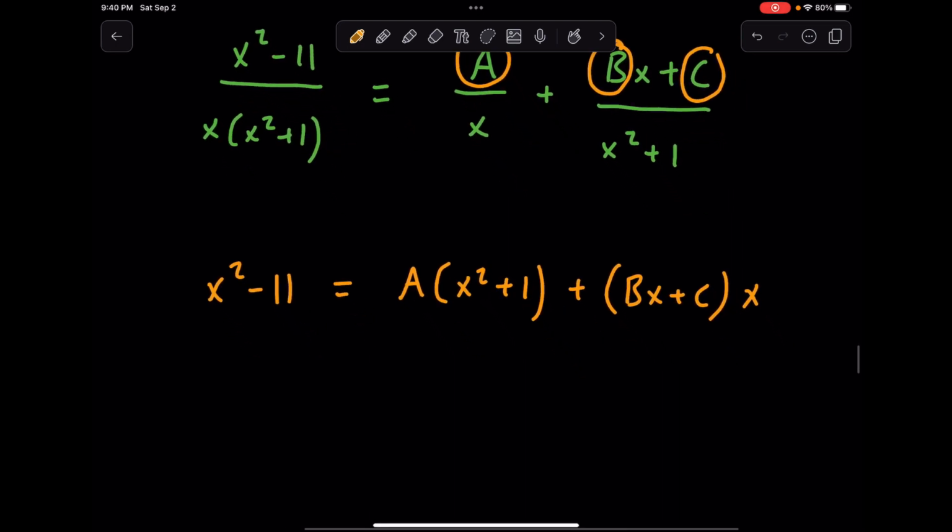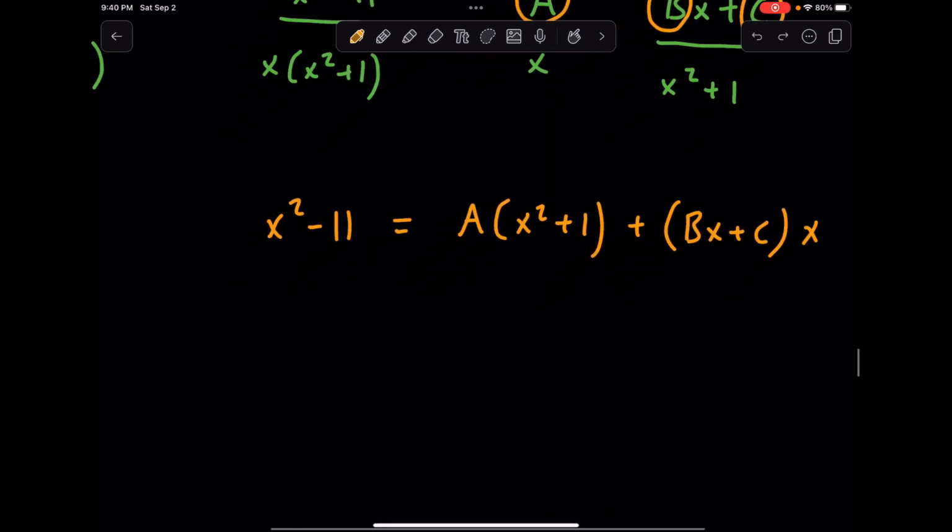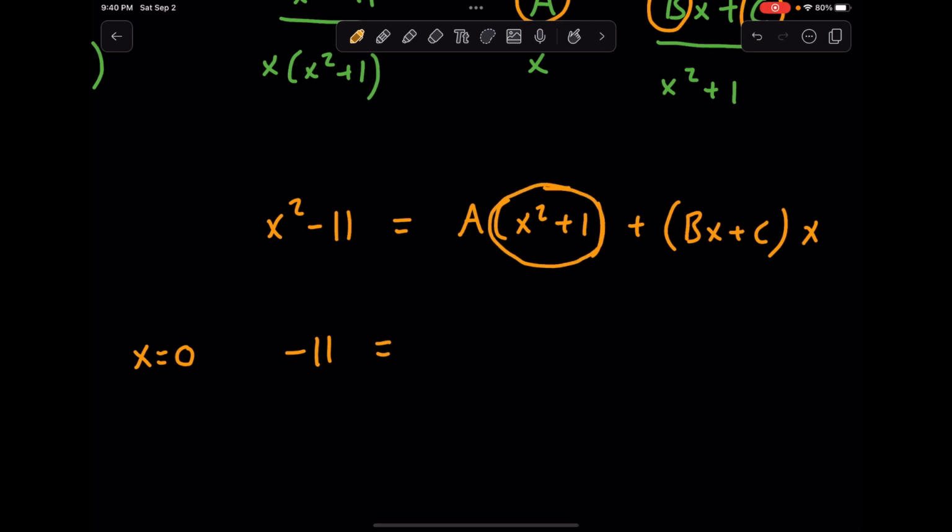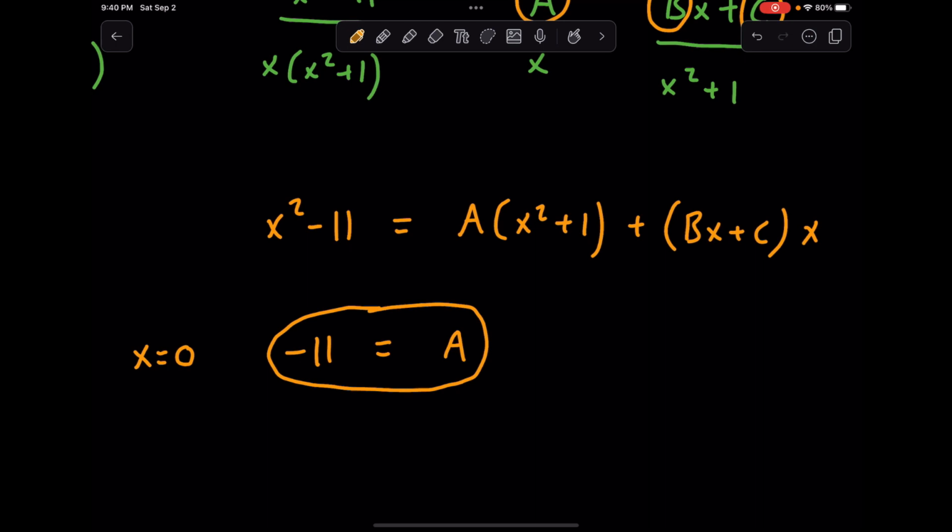Now we need to solve for our constants. And the easiest one to solve for in this situation is a, because we can test when x is equal to 0. So let's substitute in 0 for all of our x values. This term here will simply become negative 11. This will all be 1 times a, which is just a. And like I said, this was all going to become 0. So now we know that a is equal to negative 11.